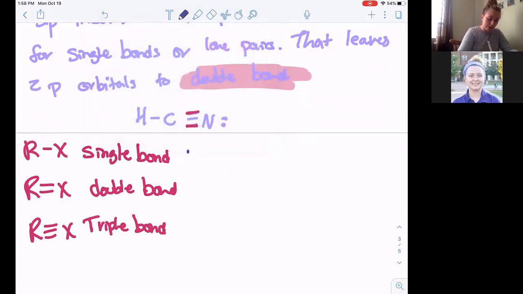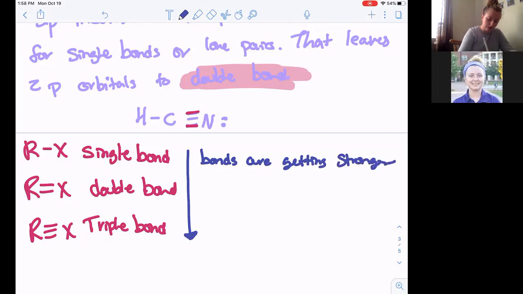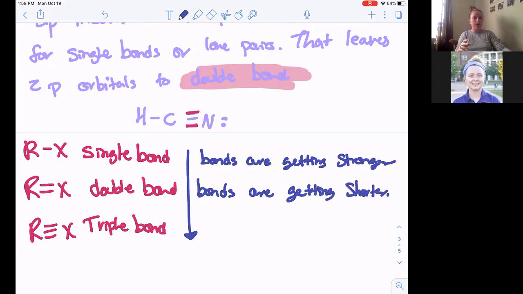And as you're going down this little thing that I made, the bonds are getting stronger, and the bonds are getting shorter. So the bonds are getting shorter.